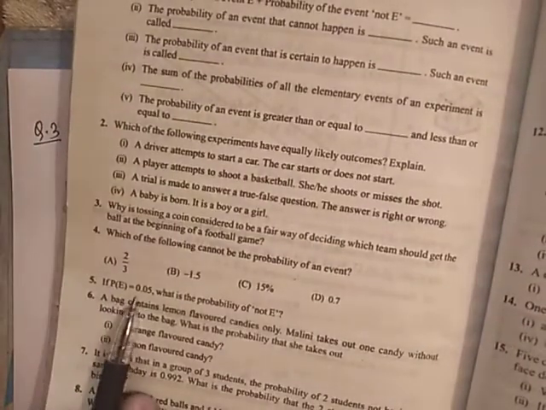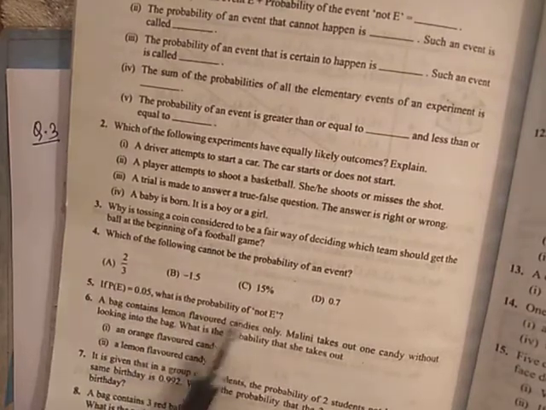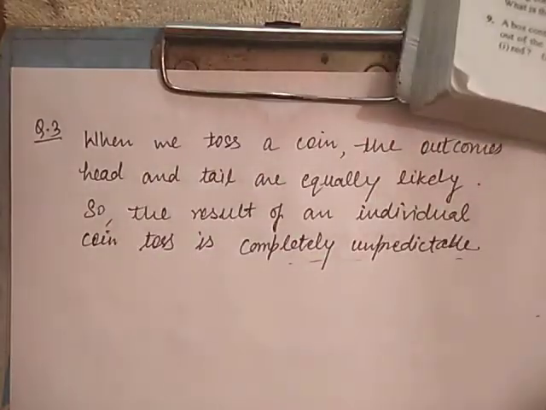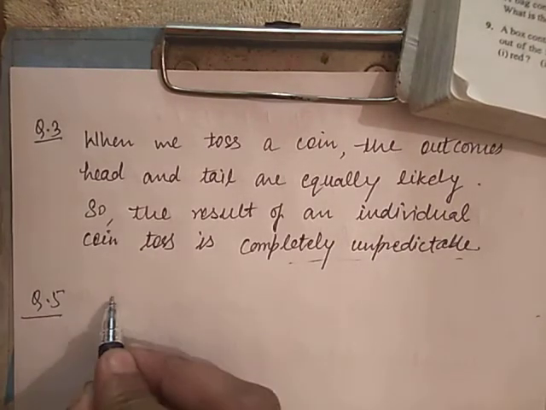Fifth question is important. Probability of happening an event A is equal to 0.05. What is the probability of not A? Actually question number 5.